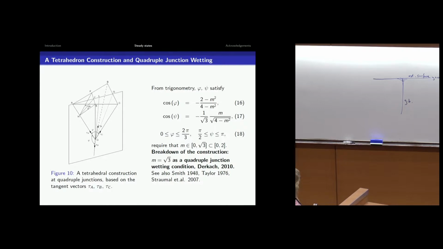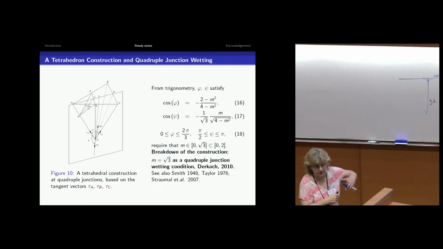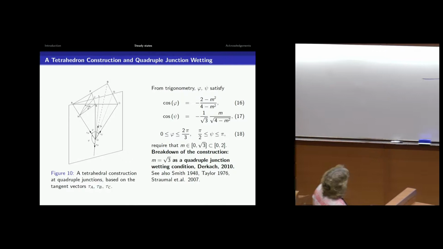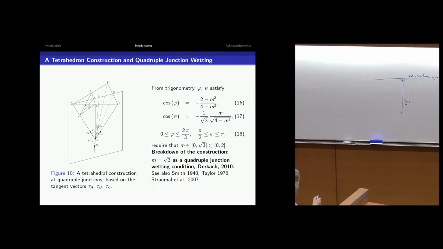What should happen at this quadruple junction? One can ask, we heard about what happens with grain boundaries, and we know that there's this m goes between 0 and 2 because there's complete wetting when m is equal to 2. So what happens at the quadruple junction? Basically doing something rather naive, doing a tetrahedral construction, which essentially goes back to Cyril Smith in 1948.